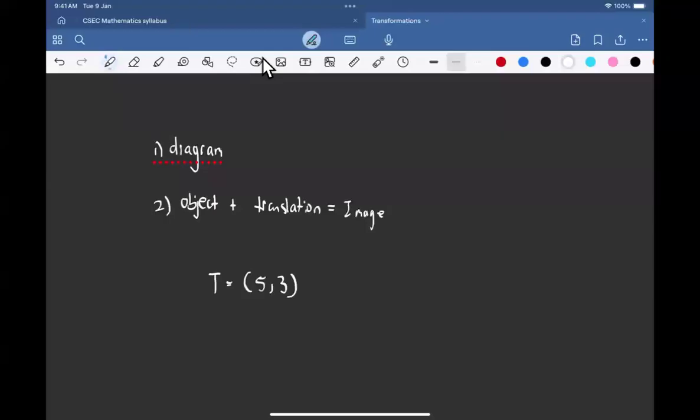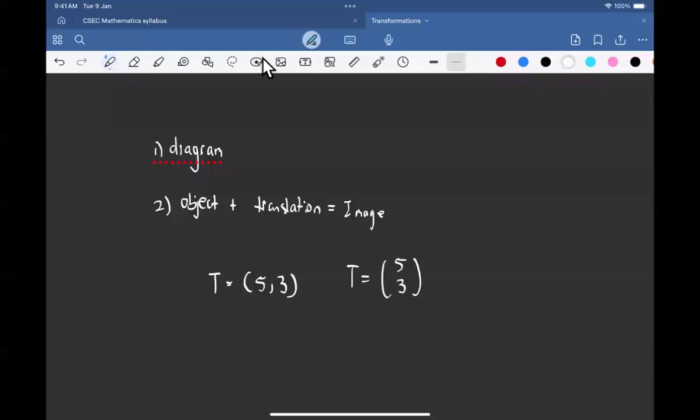Is this the proper symbol for a translation? I'm waiting. Somebody show me. What's the proper way to write a translation? Tell me if this is the way to properly do it.